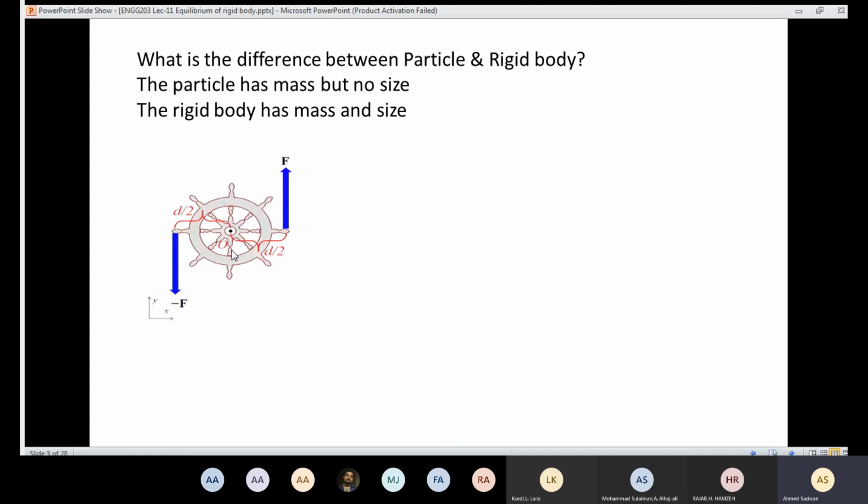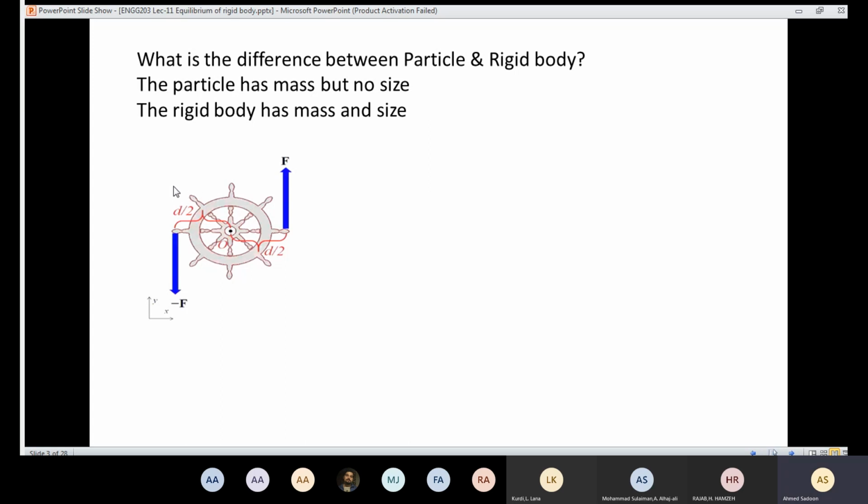So I'm going to get a moment about that point O, and the value of that moment is d over 2 times F. And the direction of the moment is clockwise. So the steering wheel is going to rotate counterclockwise.